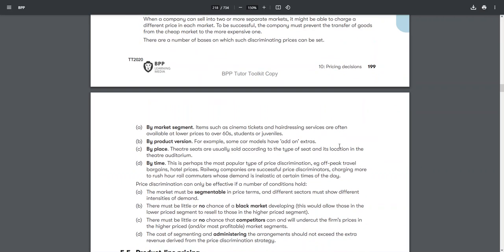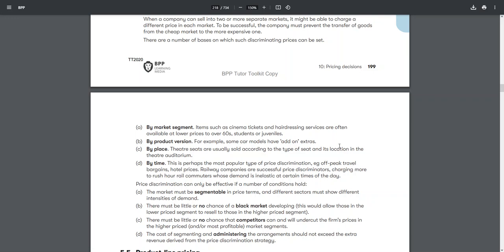You could differentiate by time of the year or time of the day, like in special occasions, in Christmas or New Year's, prices are usually reduced. Or if we talk about during the day, usually internet service providers, late at night, the charges are lower than during the day.